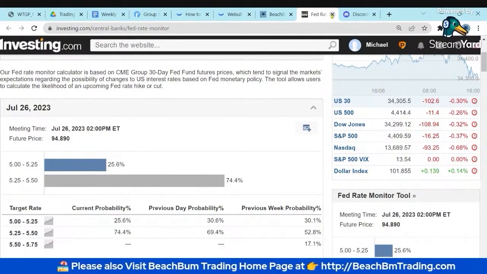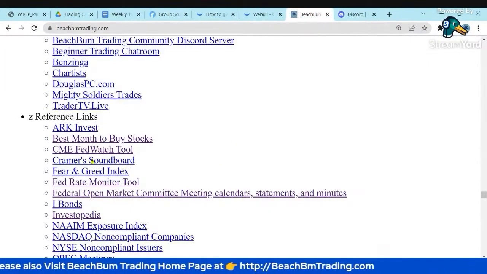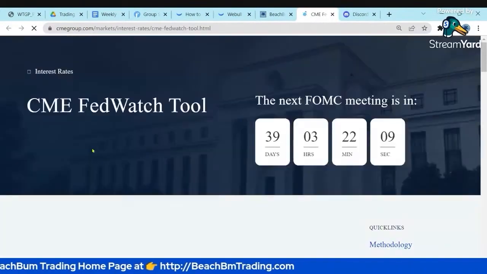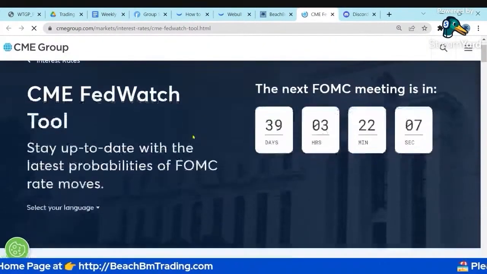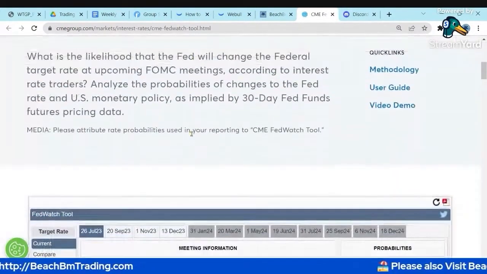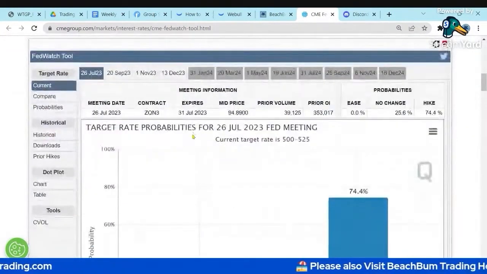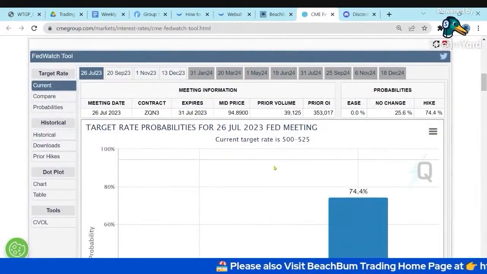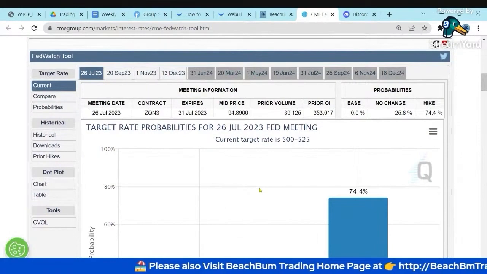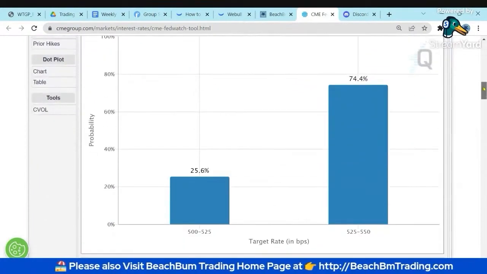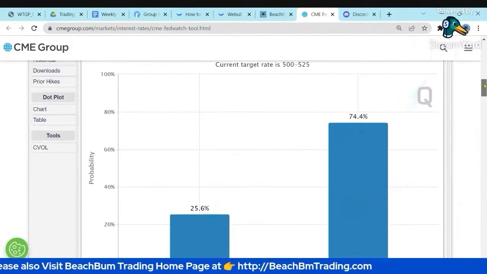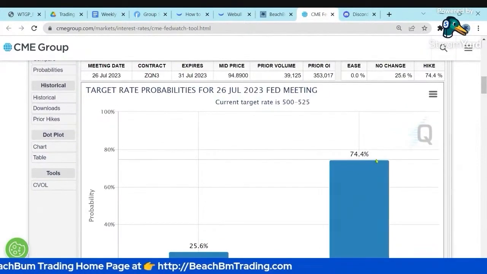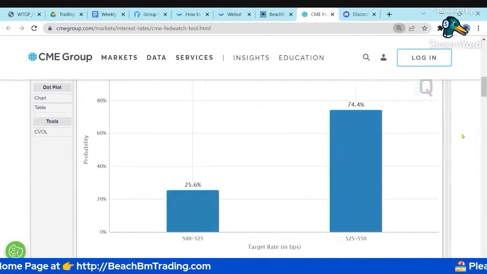So if we also look at the CME FedWatch tool, we can also see the dot plot here, which is helpful as they did adjust the dot plot in this meeting. So for July, let me zoom that down a little bit.